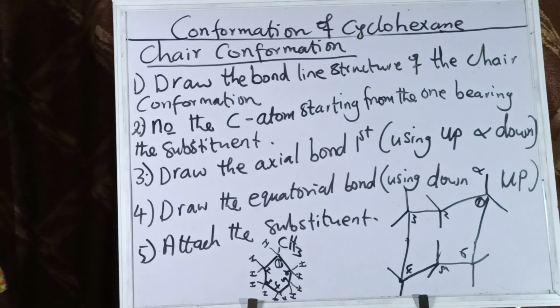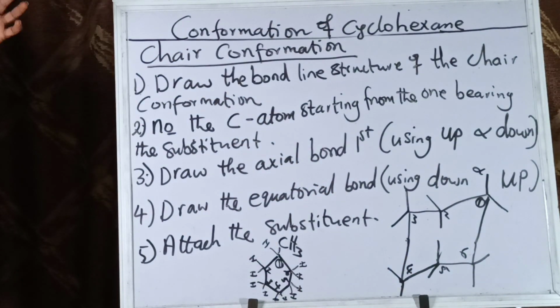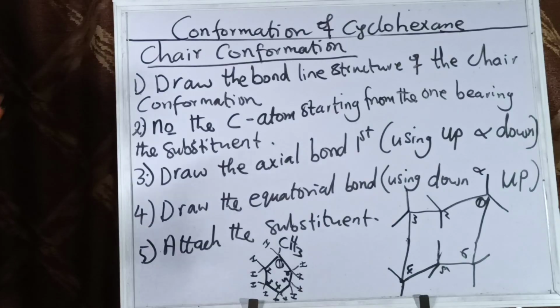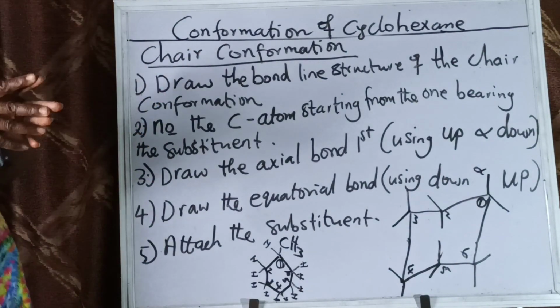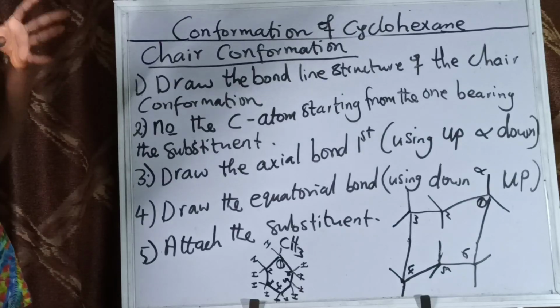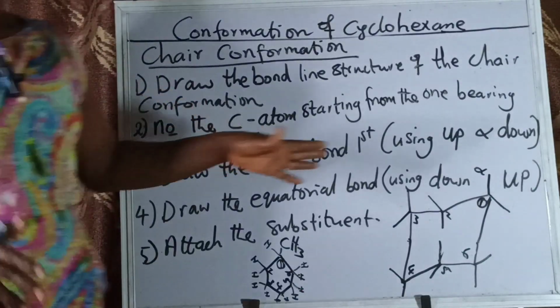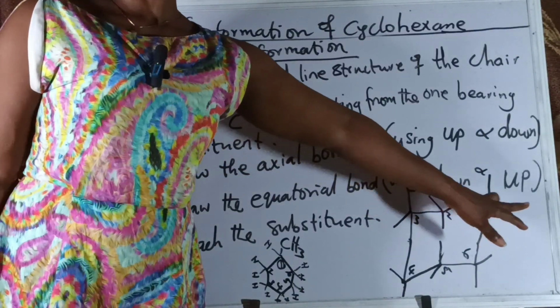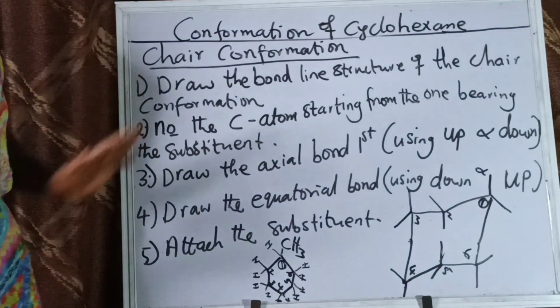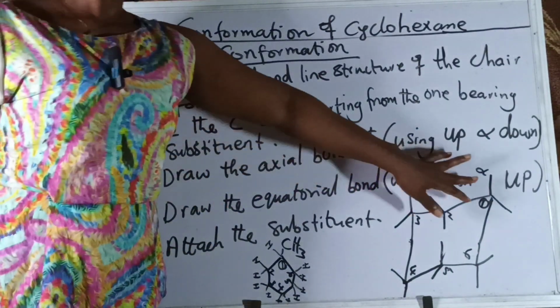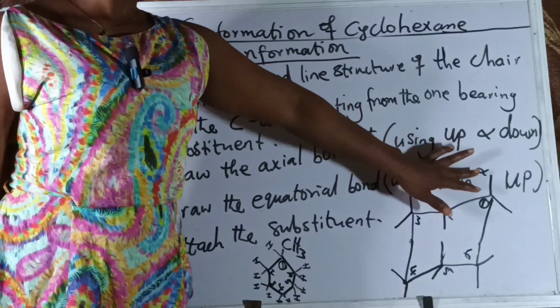So it's always preferable to attach it to the equatorial bond. The more bulky the substituent, the better it is to attach it to the equatorial. If it's hydrogen only, there is no problem. We can go on and attach it to the axial bond.